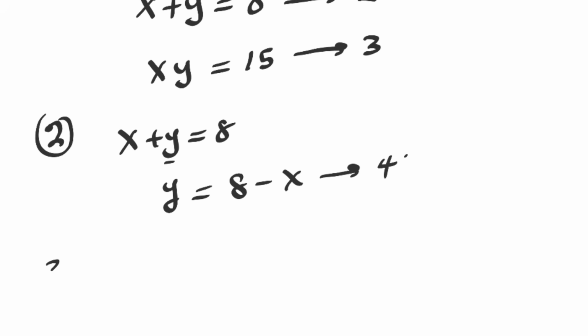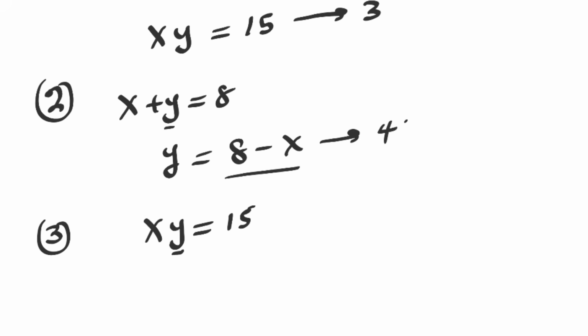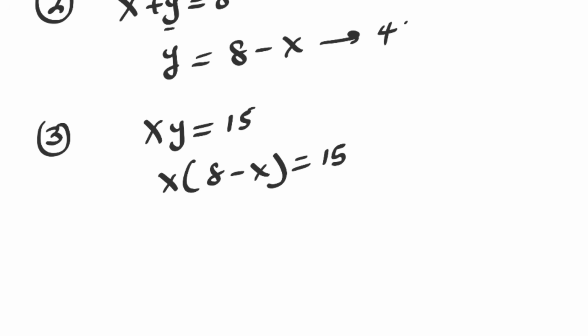Then from equation 3, xy is equal to 15. Let us substitute for y, which is 8 minus x. Here we have x bracket 8 minus x is equal to 15. Let's open the bracket with x. x multiplied by 8, that is 8x, minus x multiplied by x, that is x square, is equal to 15.